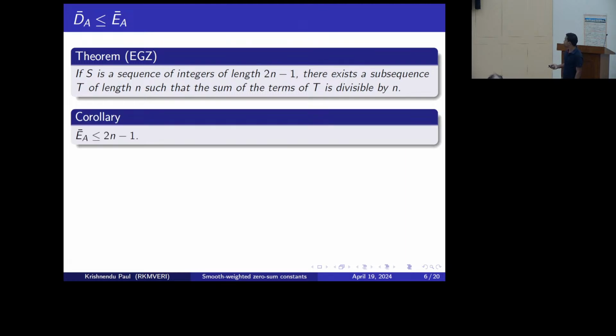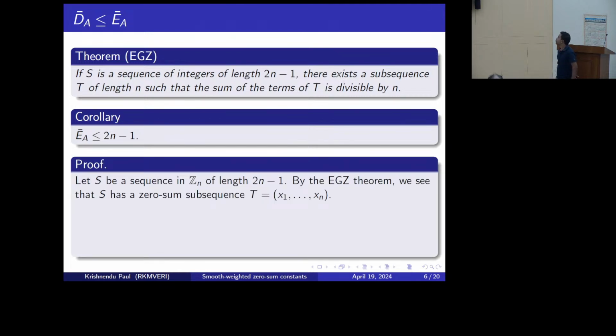As a corollary, we will get E-bar is less than or equal to 2n minus 1. So if we take any sequence of length 2n minus 1, by the EGZ theorem, obviously there exists an n-length zero-sum subsequence. Now, here a weight set can be any non-empty set.